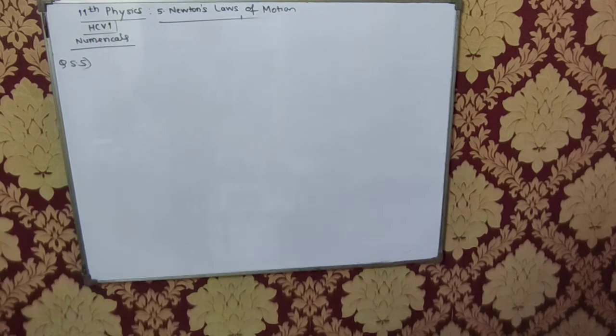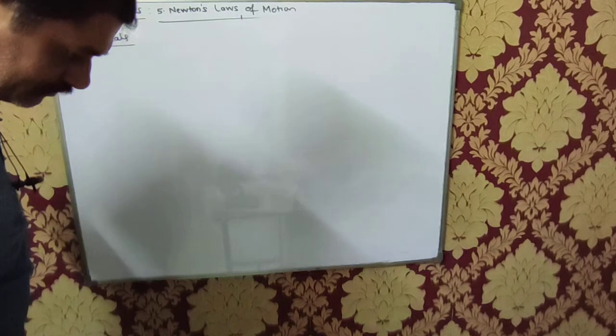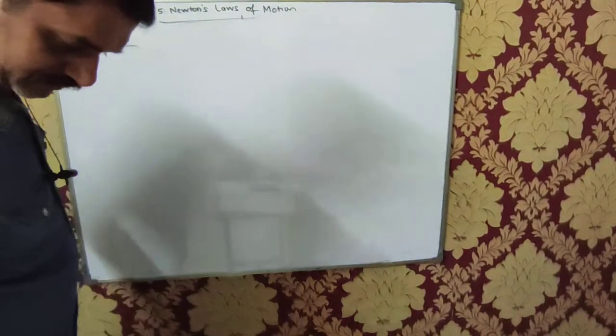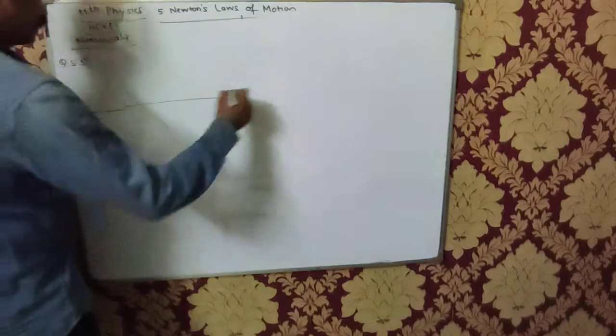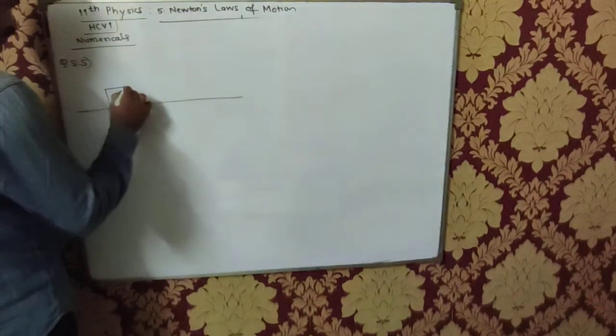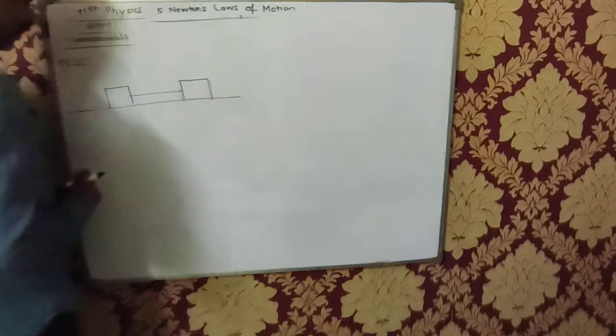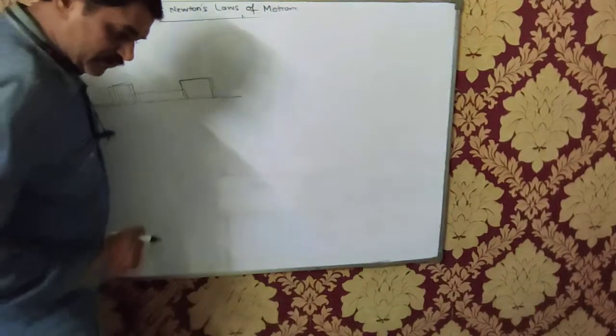Now the next problem. Two blocks of masses M and M, equal masses, are tied to each other through a light string and placed on a smooth horizontal table. One of the blocks is pulled along the line joining them with a constant force F. Find the tension in the string joining the blocks.